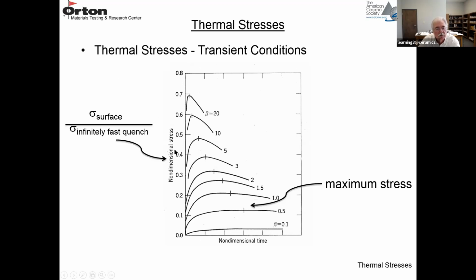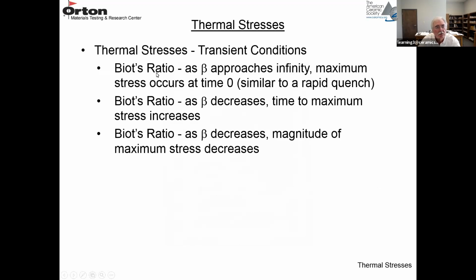So as we increase this stress number from 0, and they had to go to 0.8 here, that's going from a gradual to a very rapid quench situation. So what happens here, if we look at the ratio, Biot's ratio, as beta approaches infinity, that's where we have the maximum stress occurring at time 0.